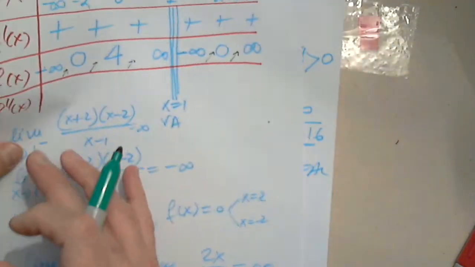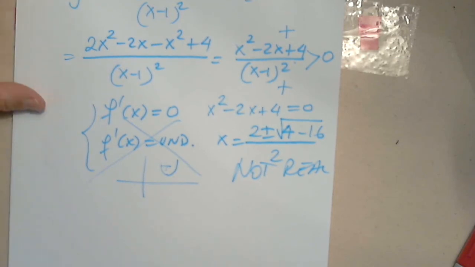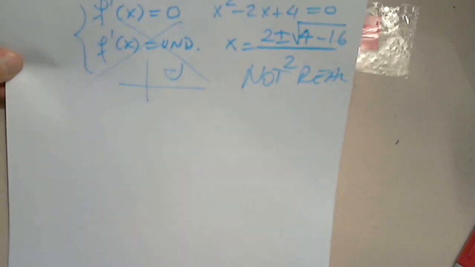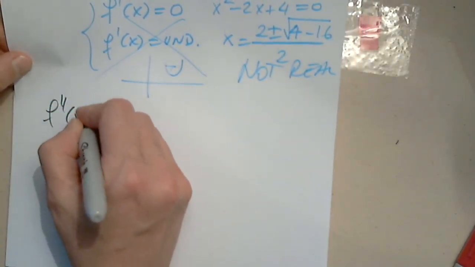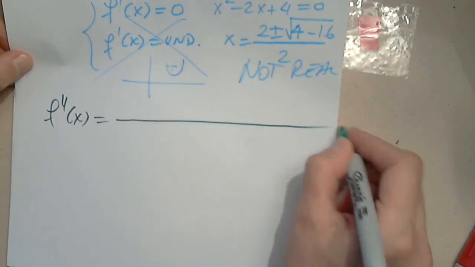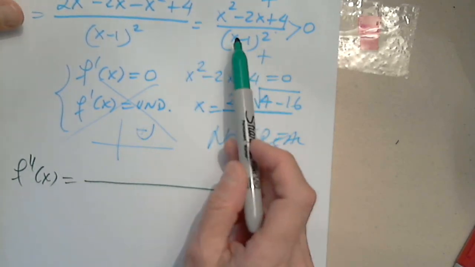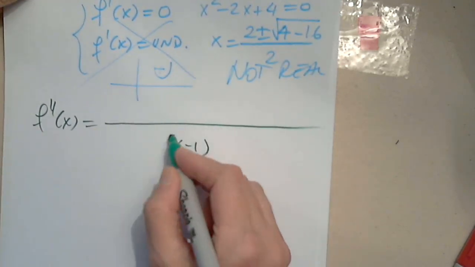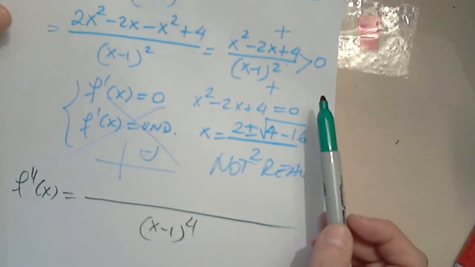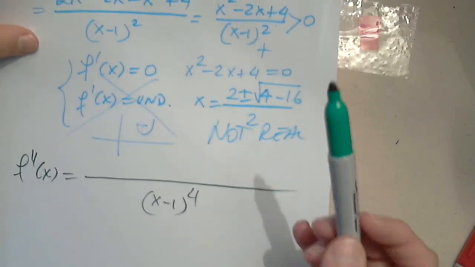So now I have to look at the second derivative. Horrible. Watch me run out of room. Okay. Terrible situation here. The denominator is x minus 1 to the 4th. A lot of work. Well, I'm going to try it and do what I can.